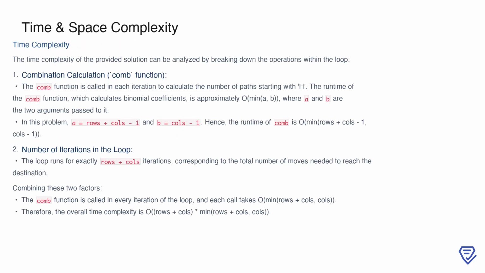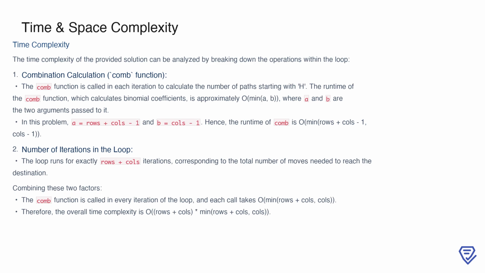To analyze the time complexity of our solution, we need to break it down into 2 key components: the combination calculation and the number of iterations in the loop. First, the comb function is called during each iteration of the loop to compute the number of paths starting with h. The runtime of this function depends on the smaller of its 2 inputs, making it approximately O(min(A, B)), where A is the total number of moves remaining and B is the horizontal moves left.